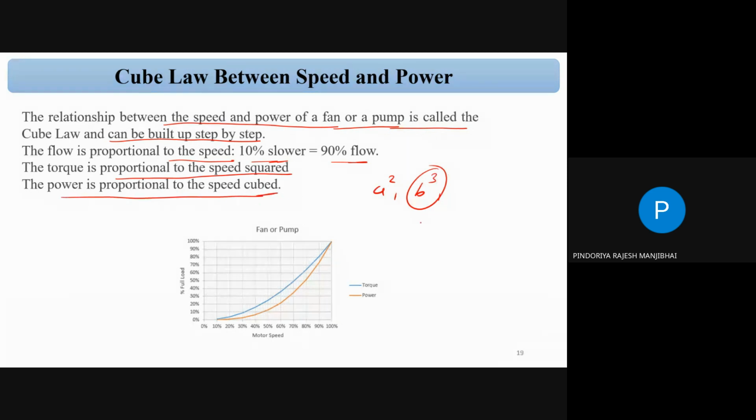We already studied this in the DC motor. For fan application, torque is directly proportional to speed square, omega square, but power is proportional to the cube, correct? In the last class I think Ashish told this same relation, correct Ashish? Yes, sir.